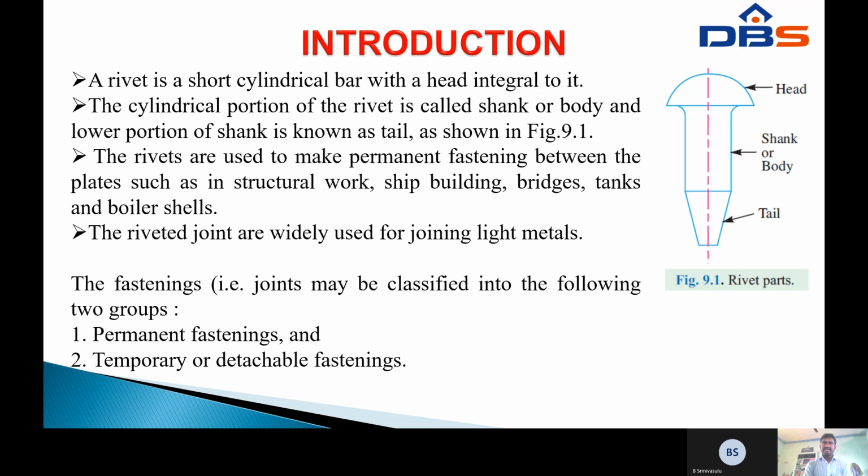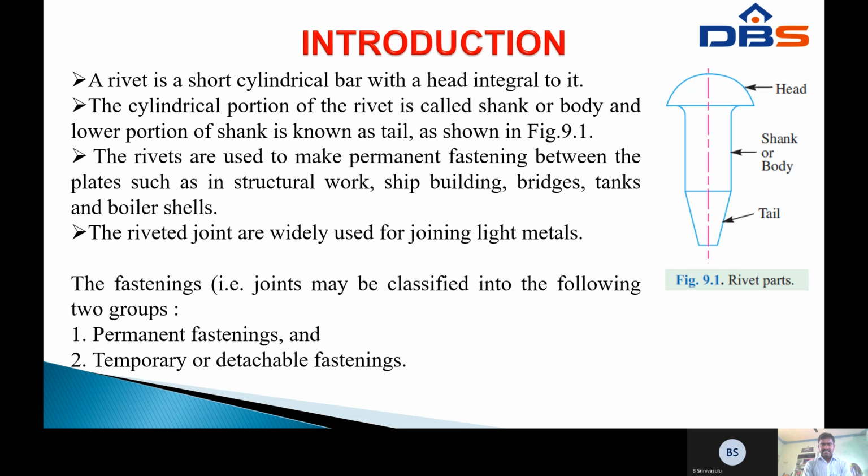Welded joints and rivets are permanent joints, while bolts are temporary joints, since bolts are removed to separate the two plates. Riveted joints are widely used for joining light metals.